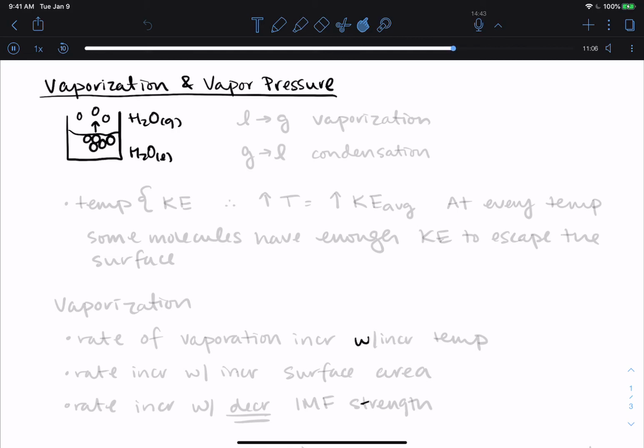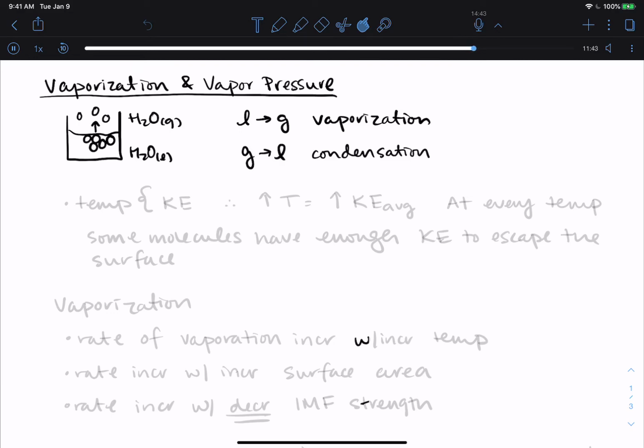And we will use some things that we learned last semester, and that hopefully you remember a little bit, to explain how all of this works. So vaporization, we are talking about going from a liquid to a gas. When we talk about going from a gas to a liquid, we're talking about condensation. We have done some of this phase change stuff already.